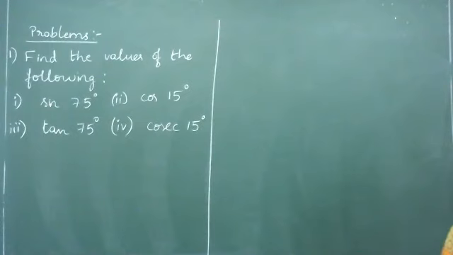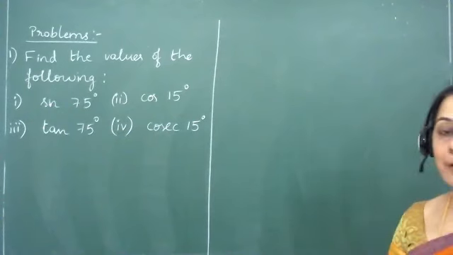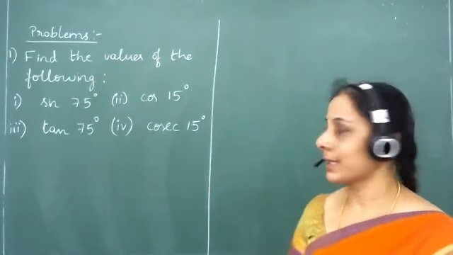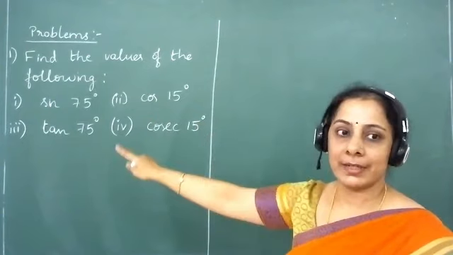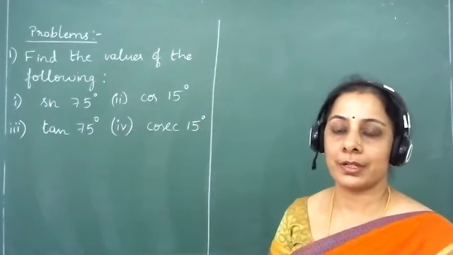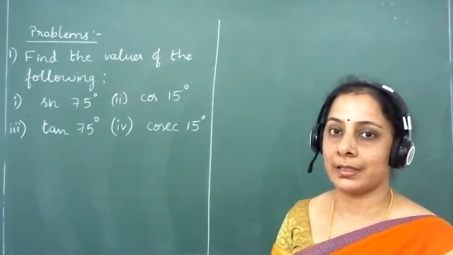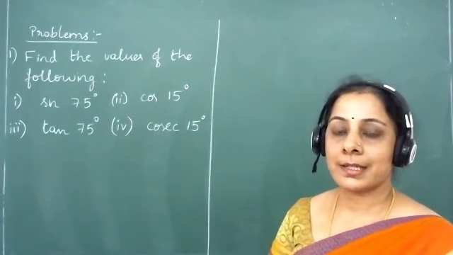Now, one question we may ask here: these angles given in this first question, none of them are standard angles. 75 degrees, 15 degrees, 15 degrees, 75 degrees, for the 4 trigonometric ratios we have here, they are not standard angles.